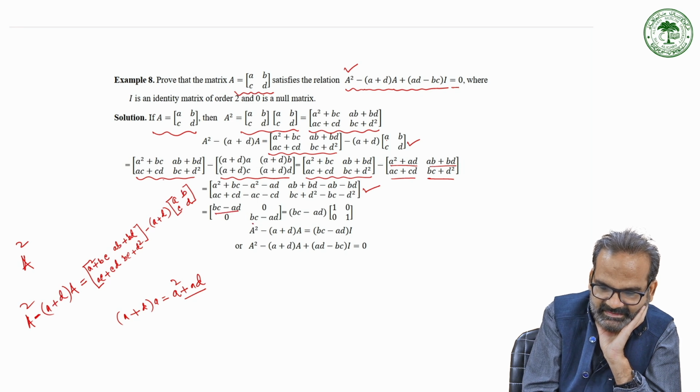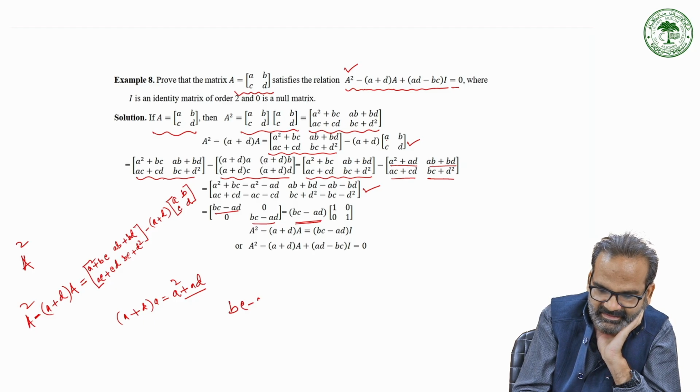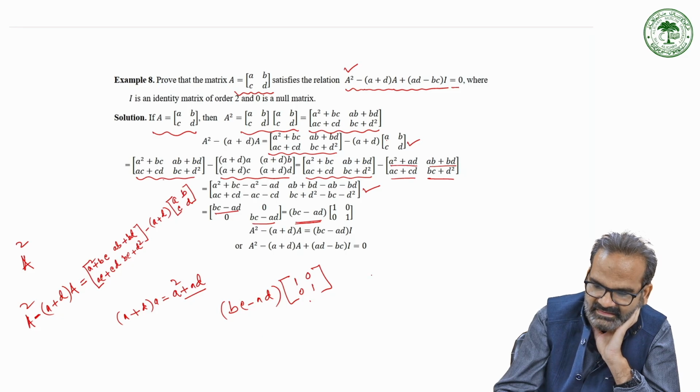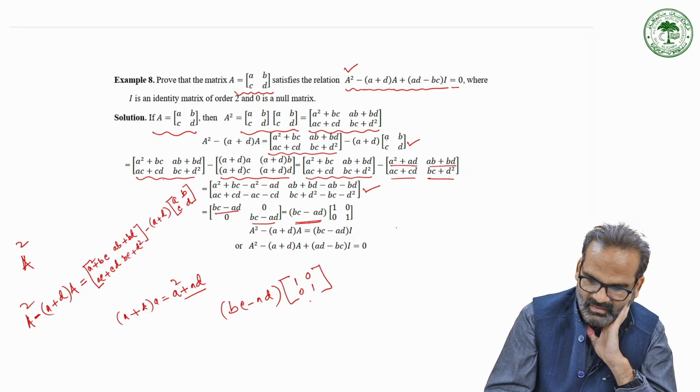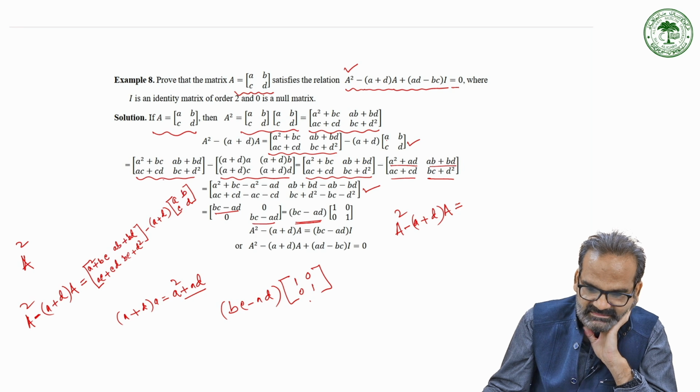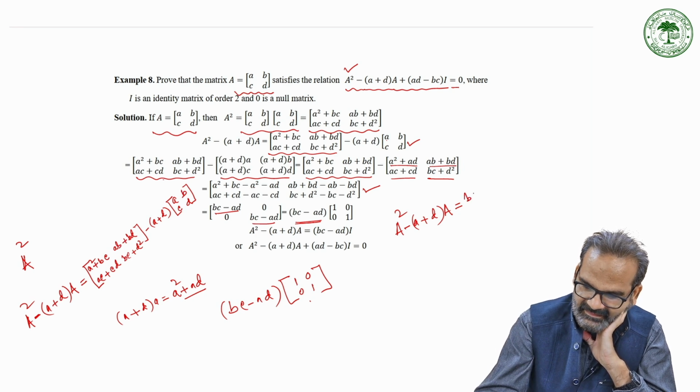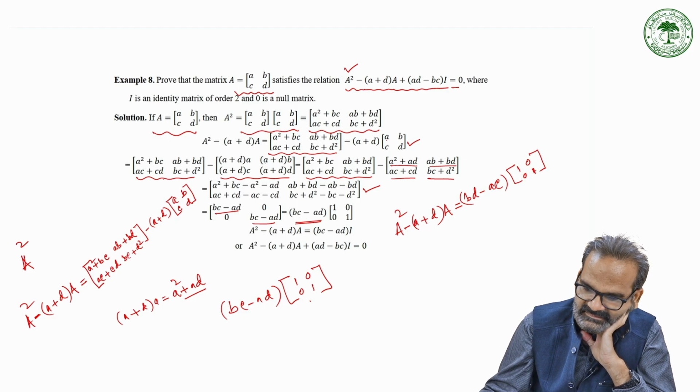So BC minus AD and BC minus AD are the same terms. We can take BC minus AD common. So what is left? If we take BC minus AD common, what is left? 1, 0, 0, 1, and this is what? This is an identity matrix. So what we did, actually, we calculated the value of A square minus (A plus D) of A. Its value is coming out to be BC minus AD into this matrix 1, 0, 0, 1, right?